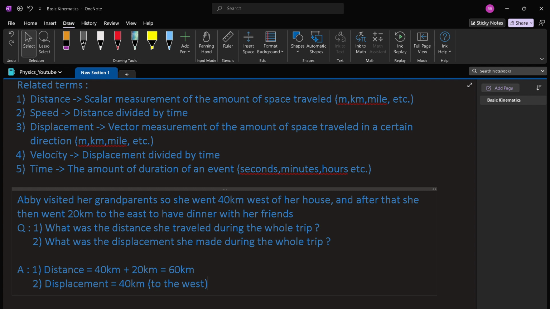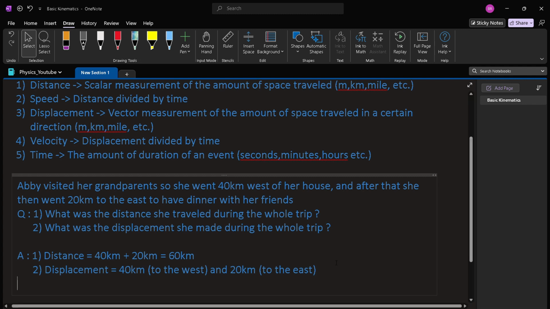And then she went 20 kilometers to the east. As you can probably figure out, west and east are opposite sides. If we're facing north, going west means going to the left side, and the east is going to the right side.